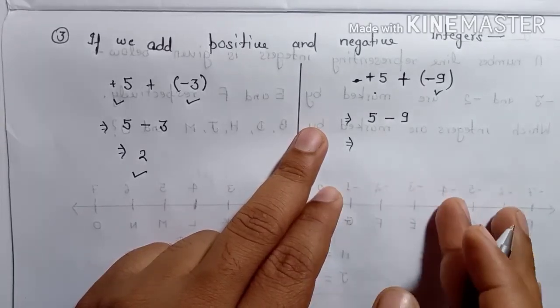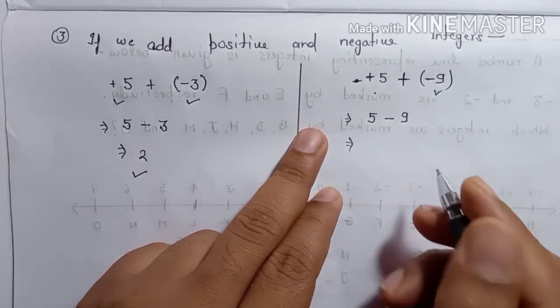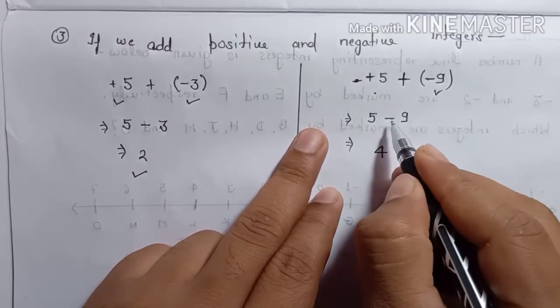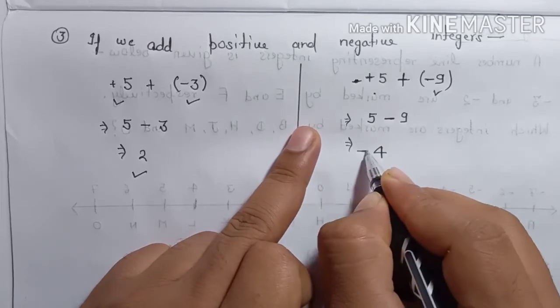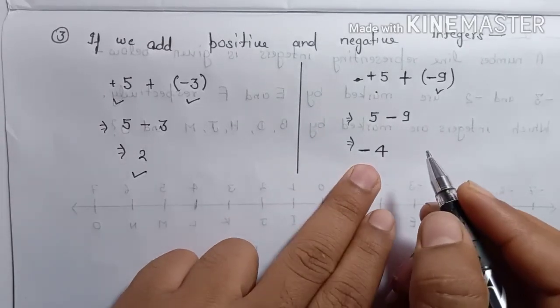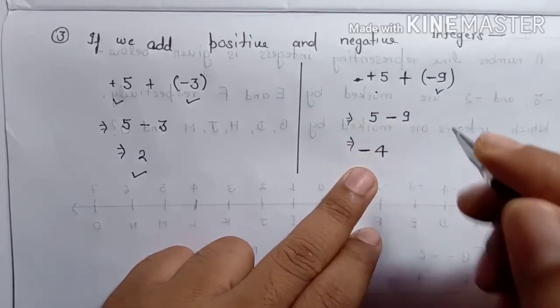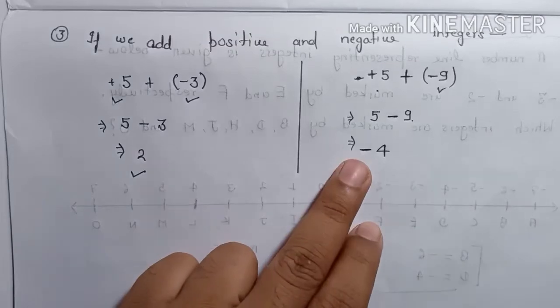In this case, we have to subtract 5 from 9, and the result is 4, but the sign here will be minus, meaning the sign of the answer is the sign of the greater integer, that is 9 here. Okay, so the answer is minus 4.